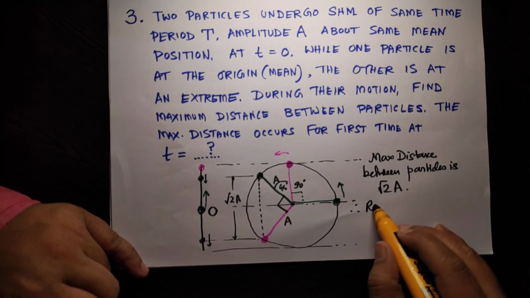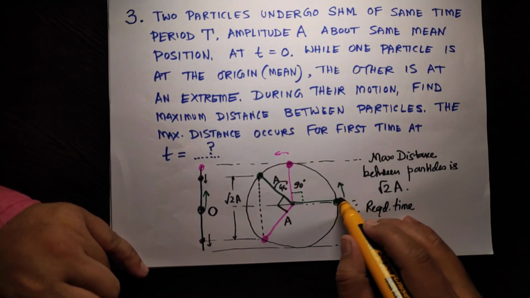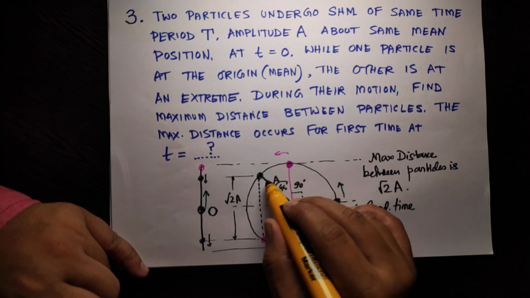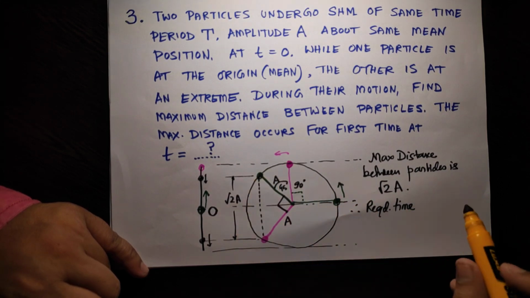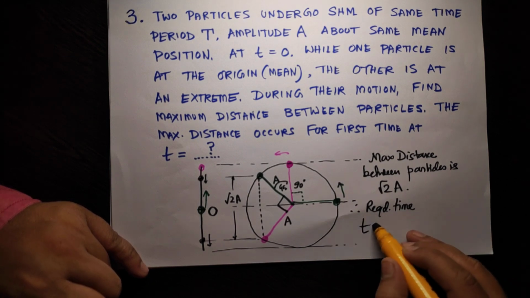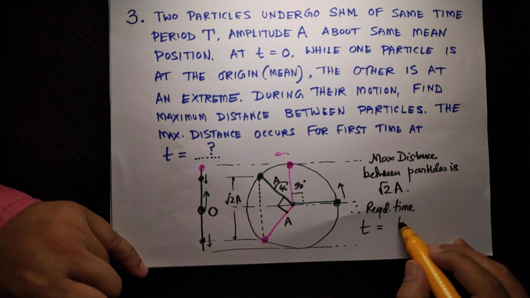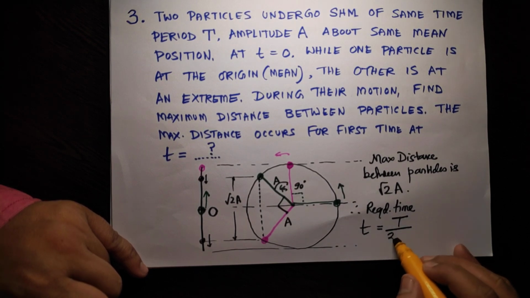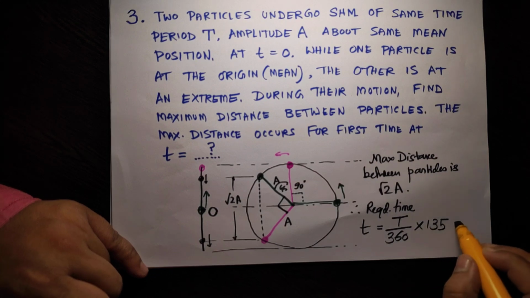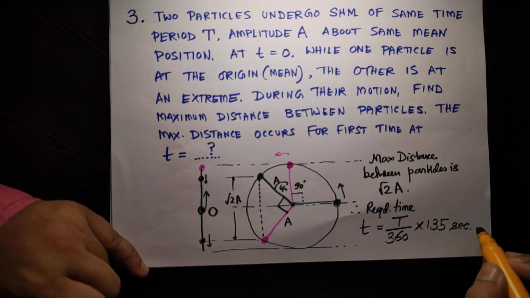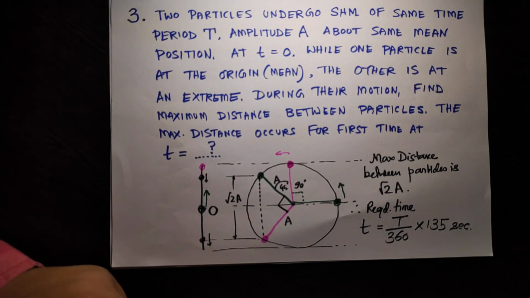Therefore the required time: this was the situation at time t equal to 0, and now this moves on to this position. The required time t equal to T divided by 360 multiplied by 135 seconds. I hope it's clear.